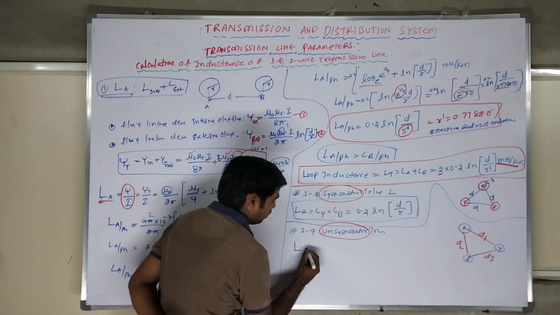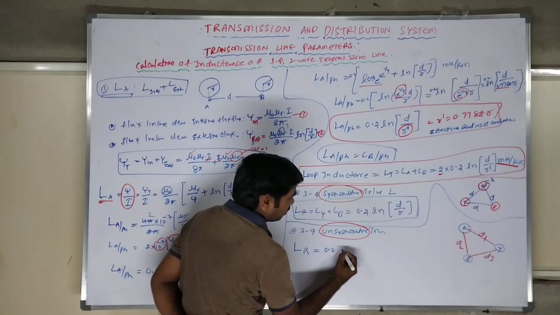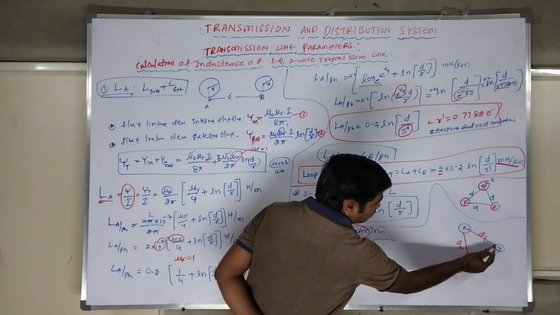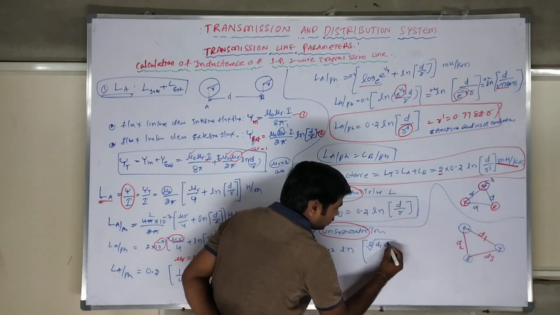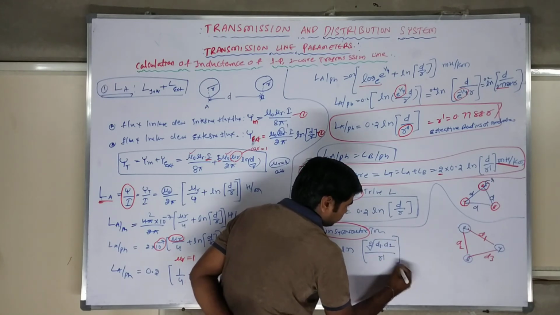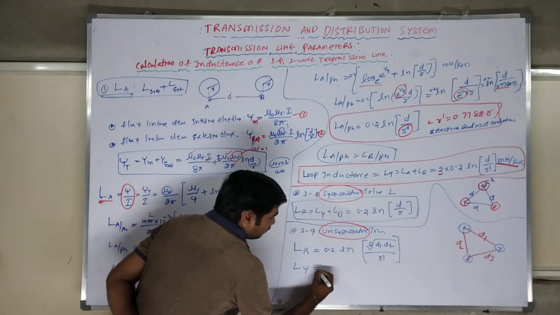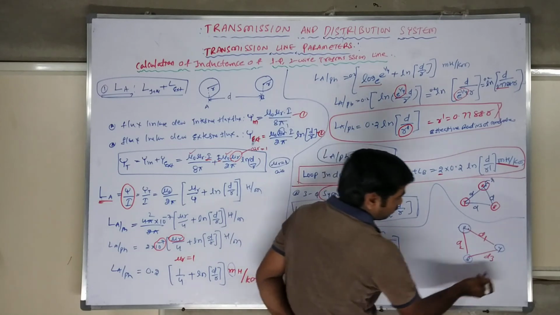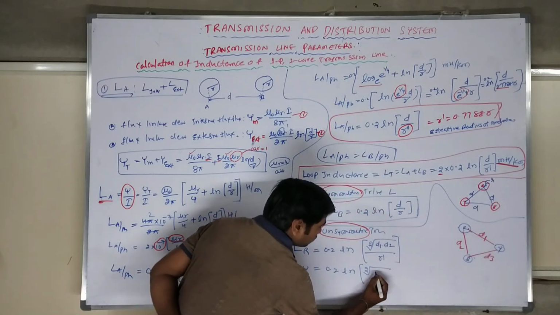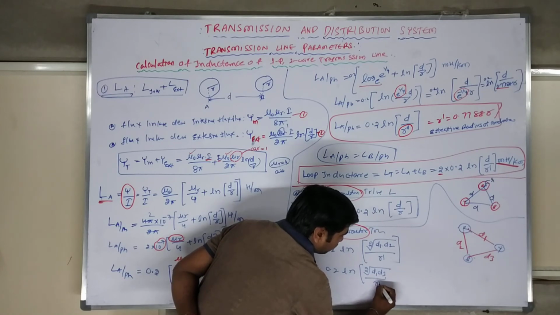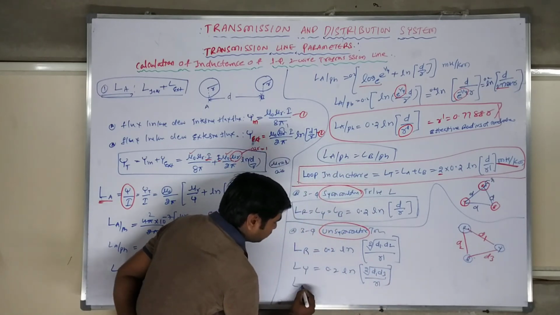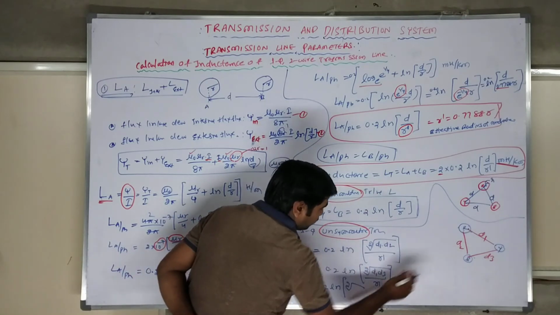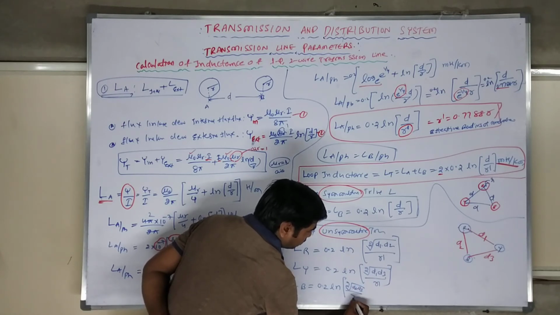So the inductance LR is equal to 0.2 into Ln into square root of D1 into D2 by the radius r dash, taking the distances D1 and D2 for the R phase. LY is 0.2 into Ln into square root of D1 D3 by r dash, taking the mutual distances D1 and D3 with respect to Y. Similarly LB is 0.2 into Ln of square root of D2 D3 by r dash.